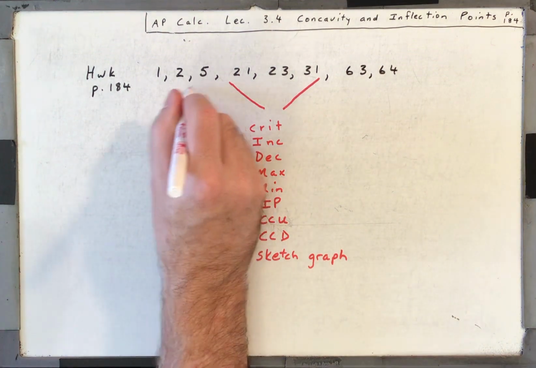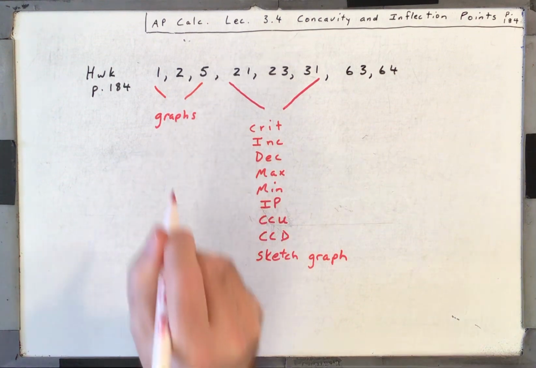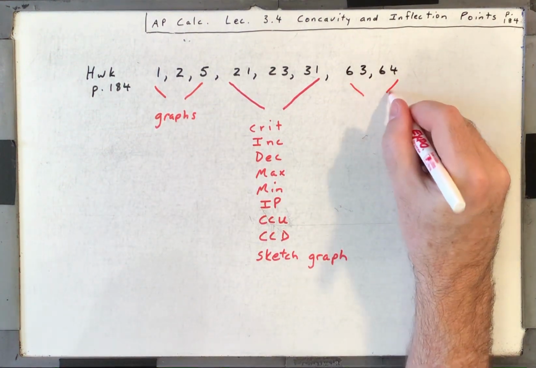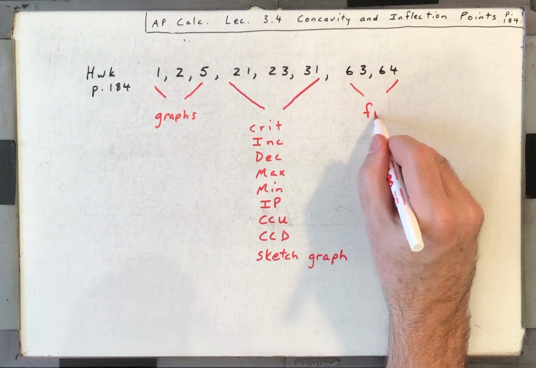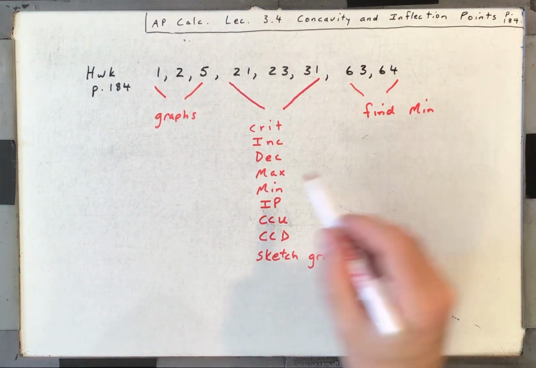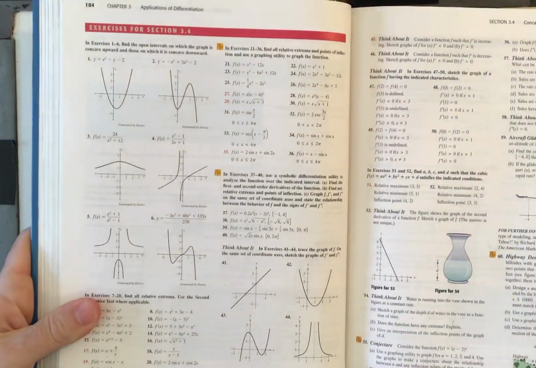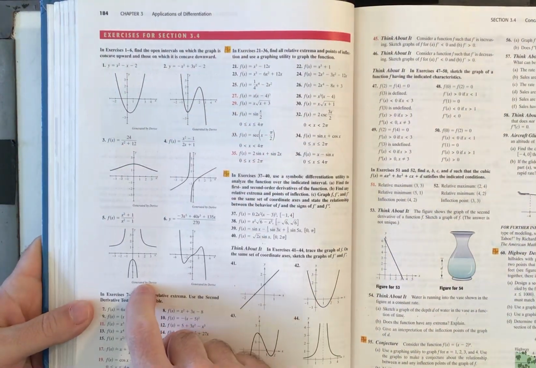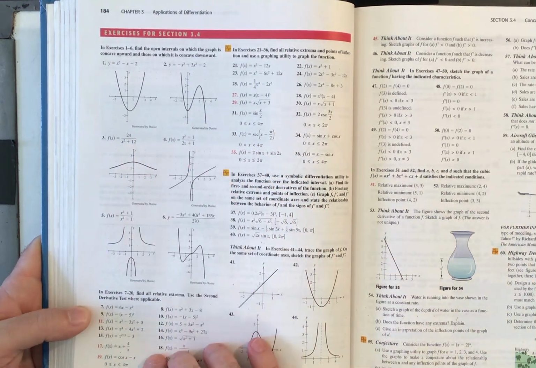Now, 1, 2, and 5 are graphs that you just read. 63 and 64 are word problems where you're just finding minimums. So that's just the first derivative test. You don't have to do all that stuff. Just find the minimum. Okay, so again, 1, 2, and 5, you're just going to read the graph and tell me what intervals it is concave up, what intervals it is concave down.